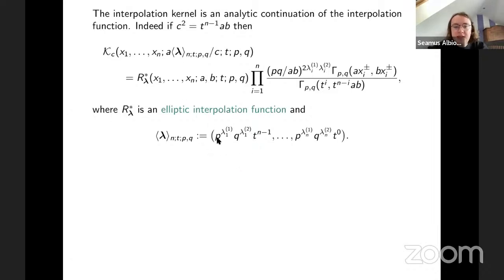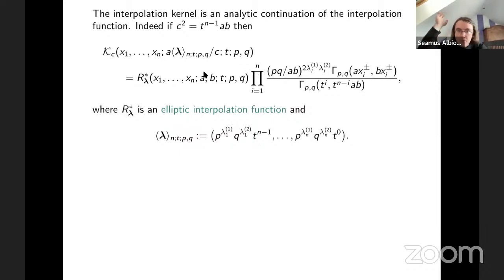And if you take this specialization of the second alphabet here, then this kernel becomes an elliptic interpolation function, also due to Rains, times some factor. Okay, and you can see here T and C are hanging around, and C squared and so forth. Anyway, these elliptic interpolation functions, they generalize.